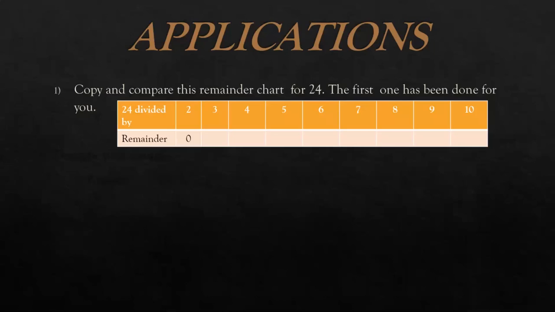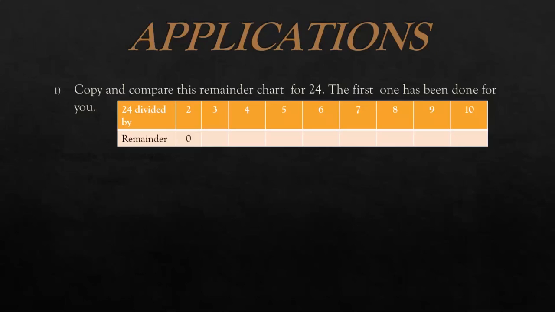Just go through 3's table in your mind and find out whether the number 24 exists. Yes, 8 threes are 24. So in 3's table, there exists the number 24. So the remainder will be 0. Why? Because that number is already there in 3's table. So 24 is divisible by 3, so the remainder is 0.